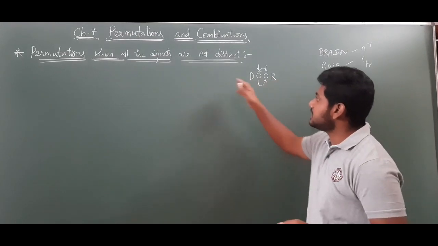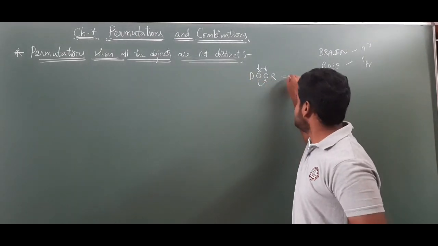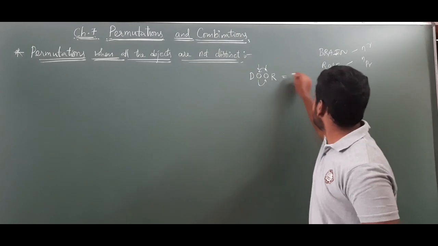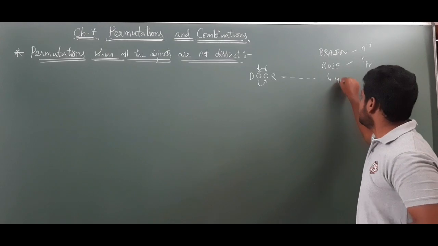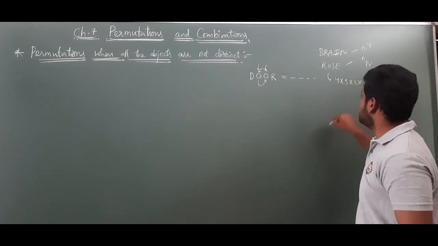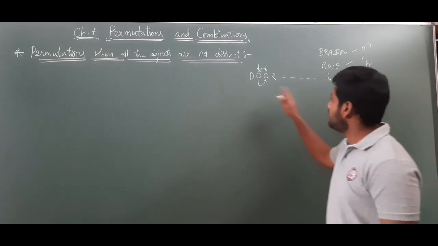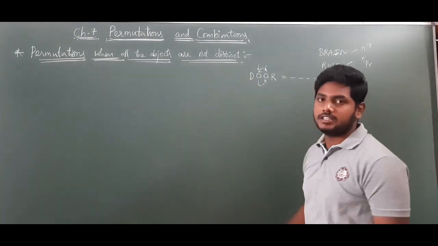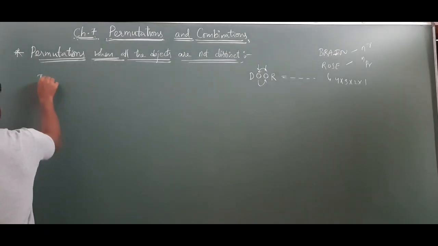So this is the case when all objects are not distinct. Now how to find this? For example, for rose, if you want to find a 4-letter code, we find 4 into 3 into 2 into 1 when repetition is not allowed, right? But when all are not distinct, then how will we find the number of permutations?